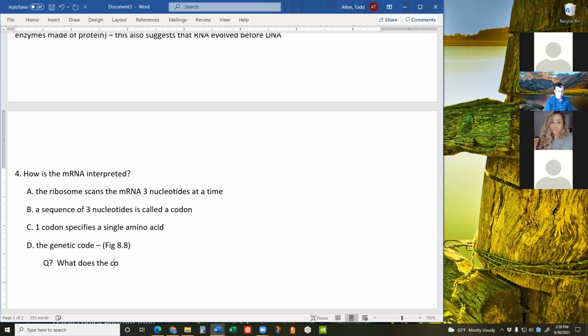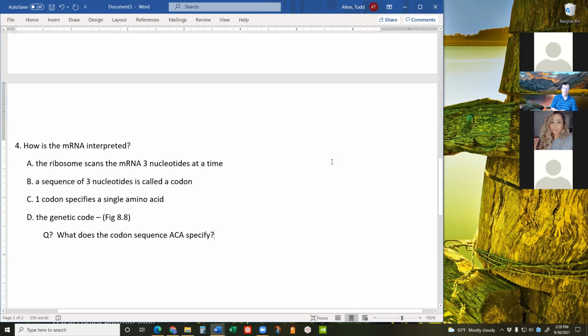What does the codon sequence ACA specify from figure 8.8? Go ahead, type that into the chat window. Does everybody see it there?